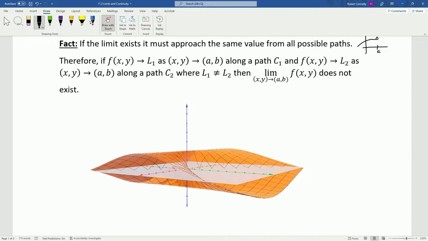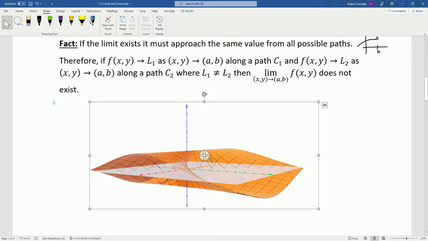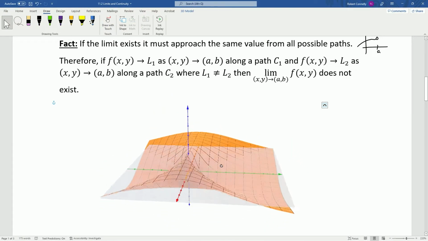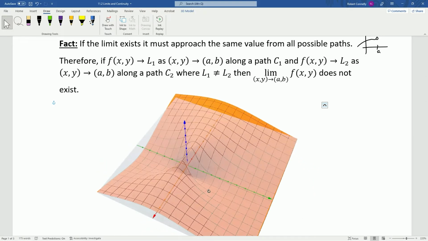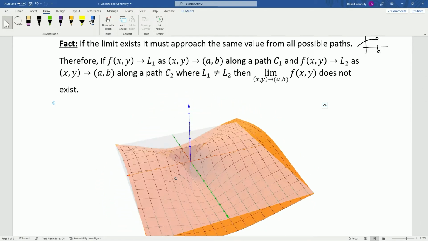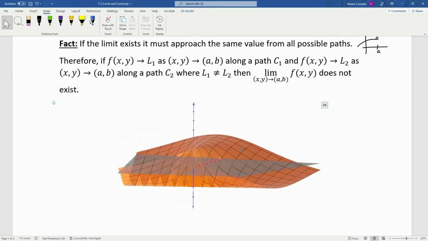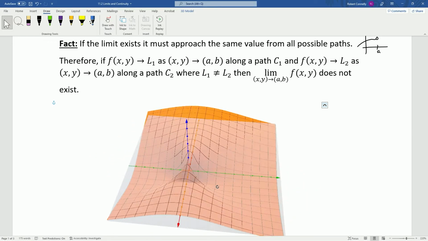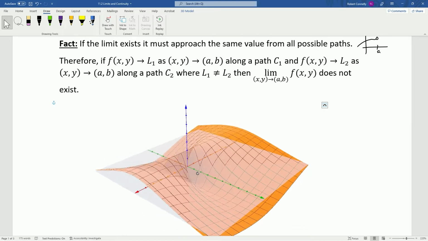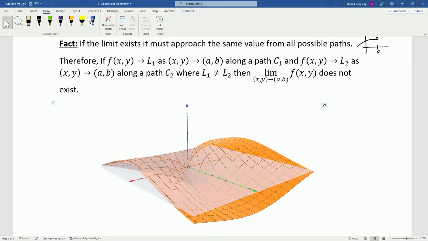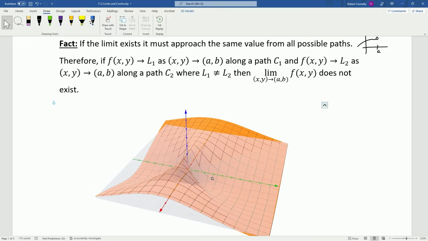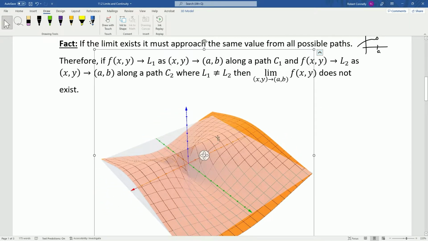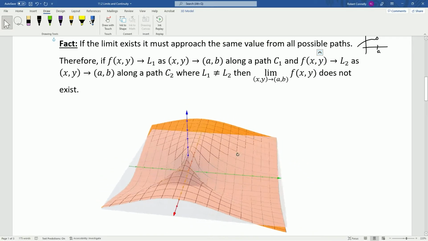Let's take a look at this graph as an example of this. This orange surface here is a function whose limit at 0 does not exist. Why is that? Well, consider if you were traveling along the path where you're just looking at x equals 0, along the x-axis, you see the z value is always 2 here.